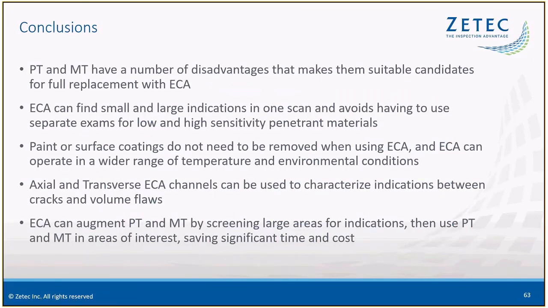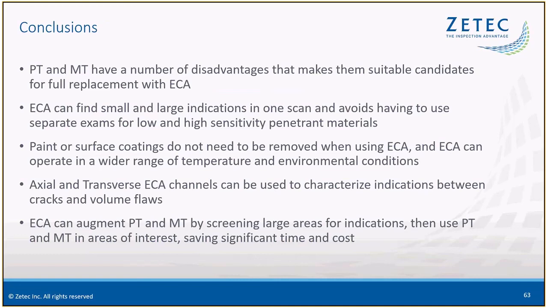So in conclusion, the dye penetrant and magnetic particle have a number of disadvantages that make them suitable candidates for full replacement with eddy current array. You can find a lot of small and large indications with ECA in just one scan, and you don't have to do a bunch of separate exams to get that information.